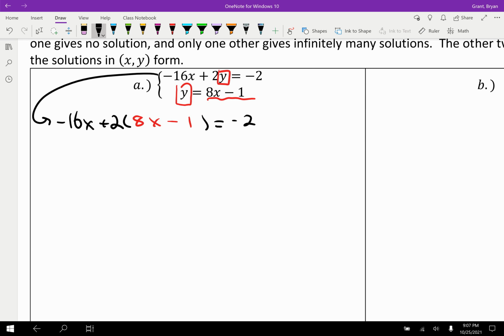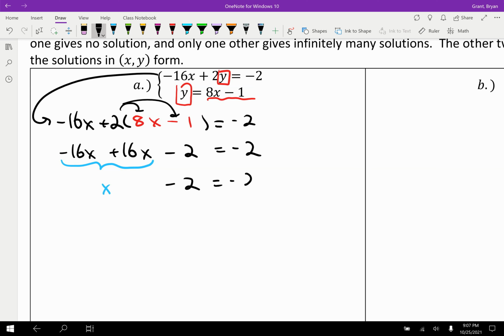And then we can go ahead and distribute. Negative 16x plus 16x minus 2 equals negative 2. We should combine like terms. When you combine negative 16x and positive 16x, I think that makes 0x's. And several of my students in the past have struggled with that, and they've said, oh, 0x, does that mean I just put an x here and then I leave a minus 2 equals negative 2?